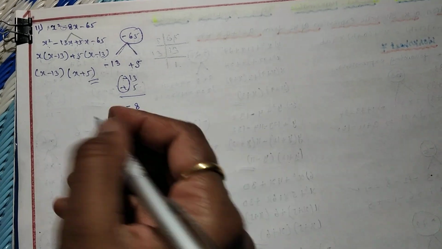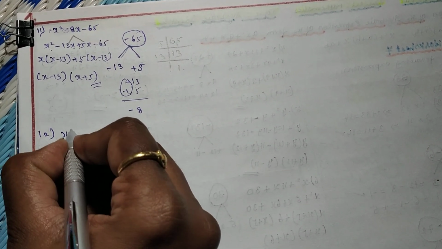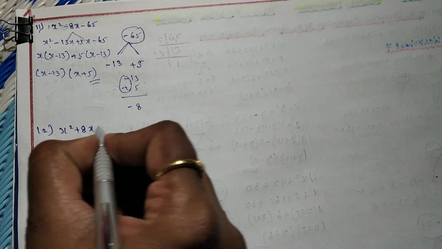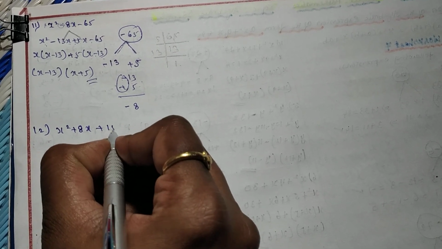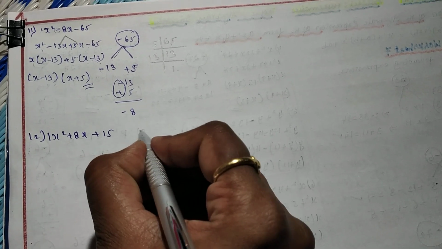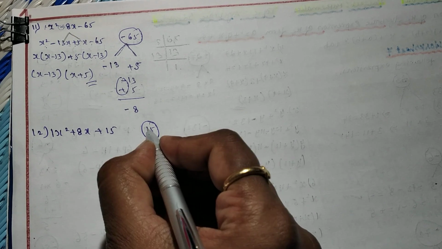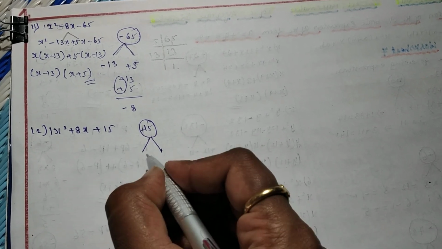Now let us move to 12th question. The 12th question is x square plus 8x plus 15. Now product 1 into 15 is 15. Now choose the table. Plus 15 we have, means we need to add the numbers.